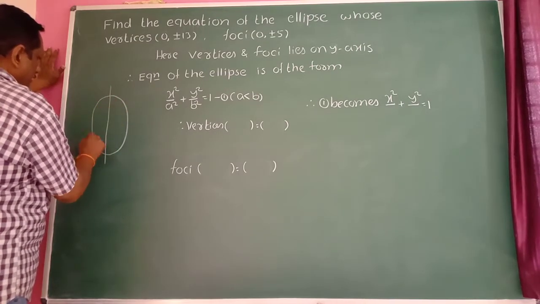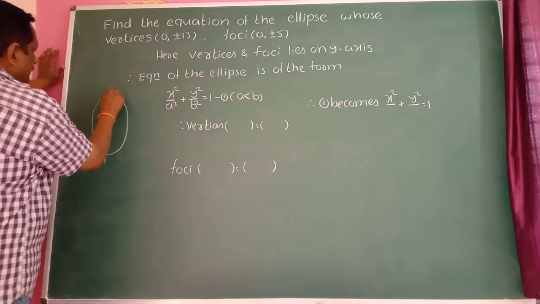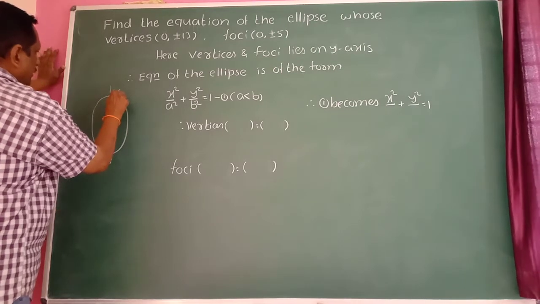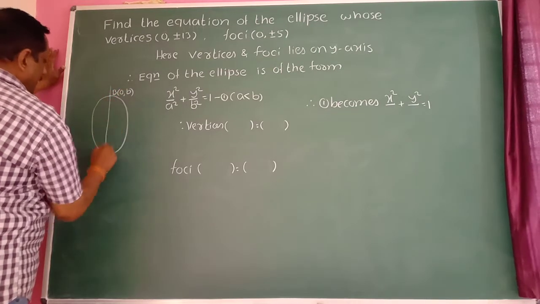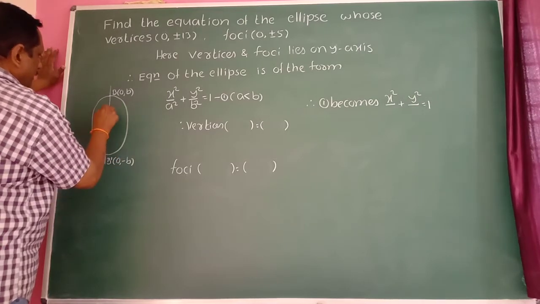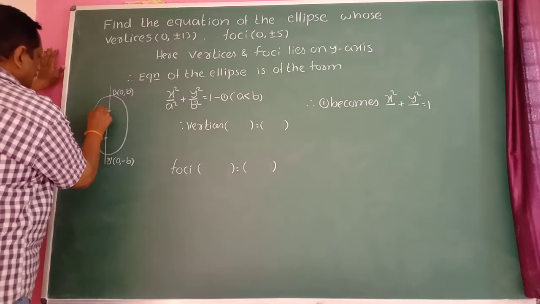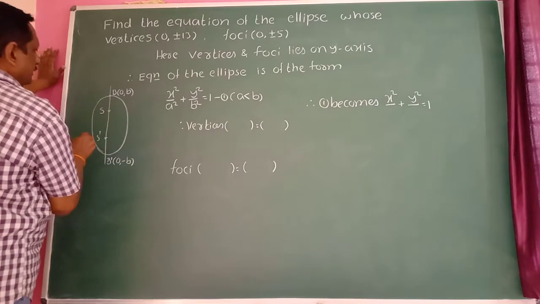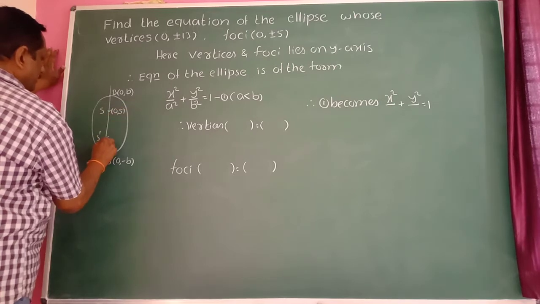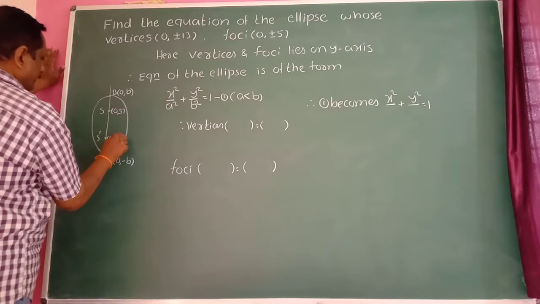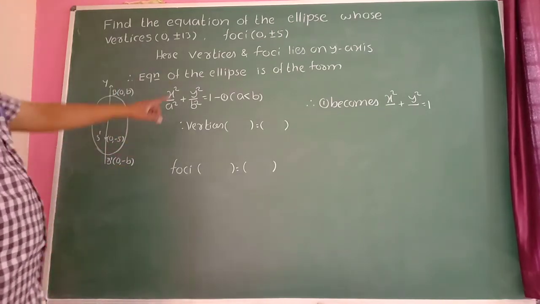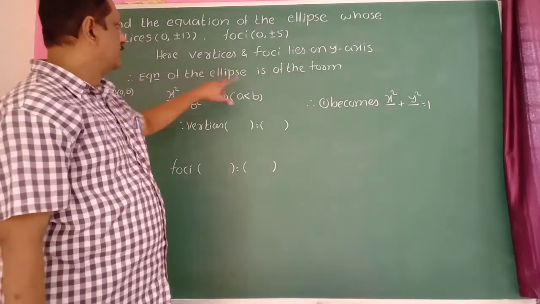So here are the vertices, B and B dash, with coordinates 0, b and 0, minus b, and foci S and S dash, so 0, 5 and 0, minus 5. So the vertices and foci lie on the y-axis.